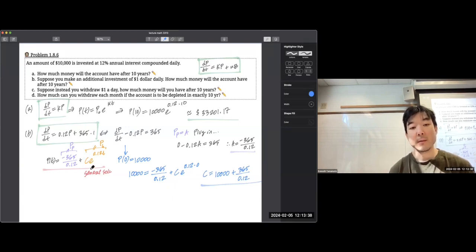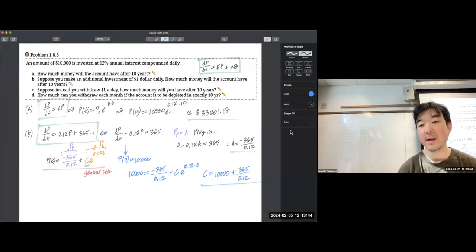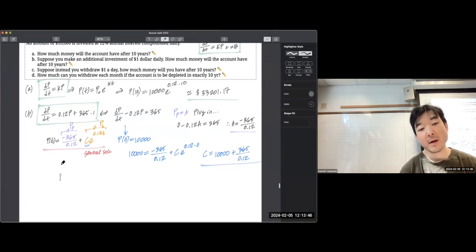And you basically have the full model. So you're just going to say that P of 10, which is what we're ultimately interested in, is going to equal negative 365 over 0.12 plus this giant thing.